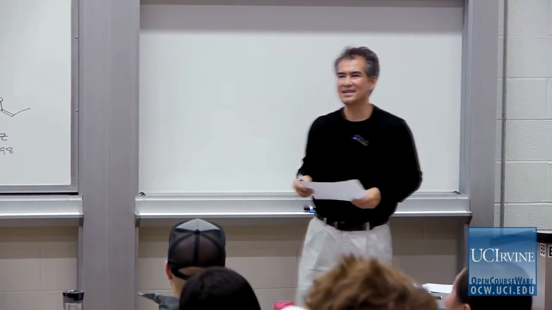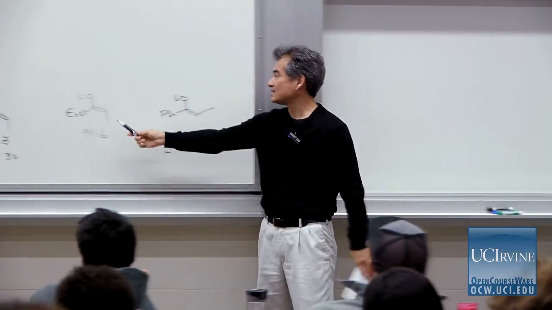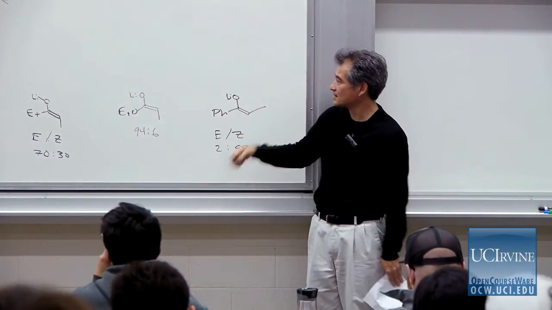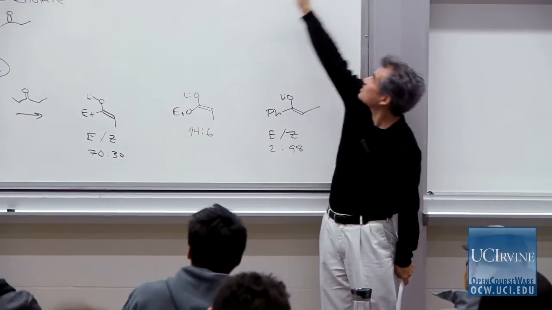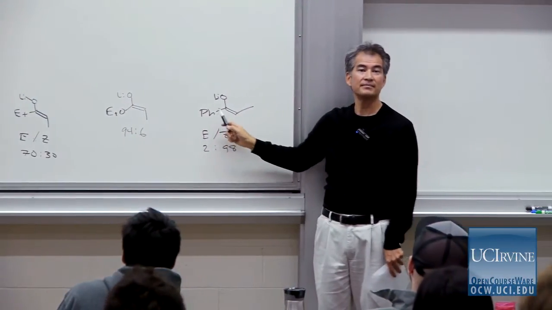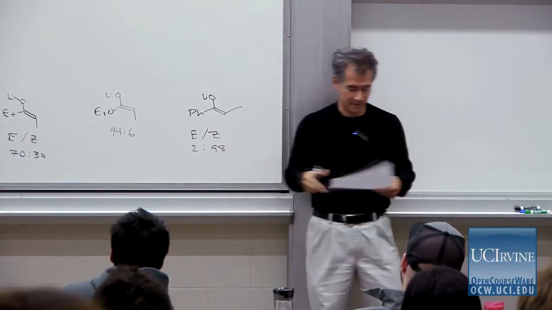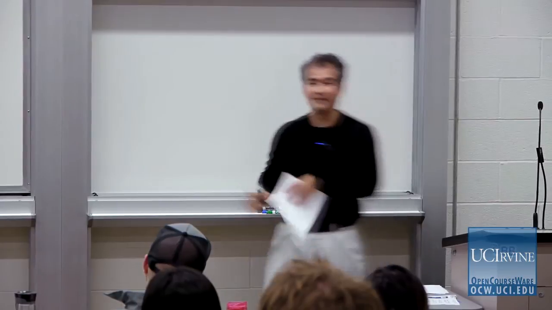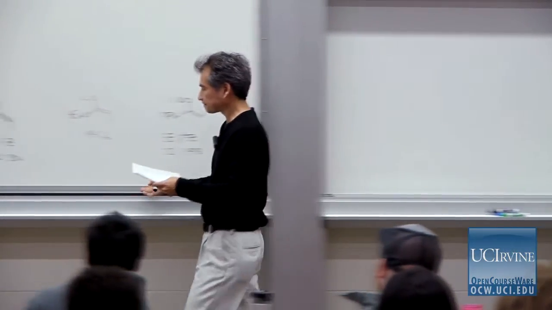What is E and what is Z depends on whether you're working with ester enolates or ketone enolates. So the main idea is that you prefer these types of geometries due to the Ireland transition state, but you can mess that up if this gets too big. And you can spin it around the other way. Okay, and you'll talk about that a lot more in Chem 205, the synthesis class.